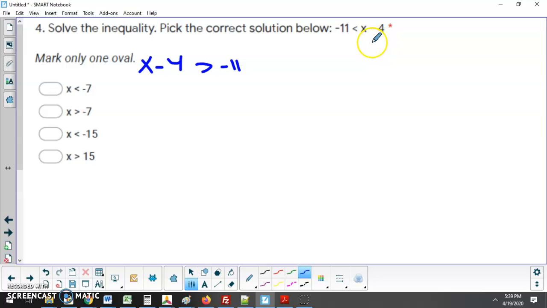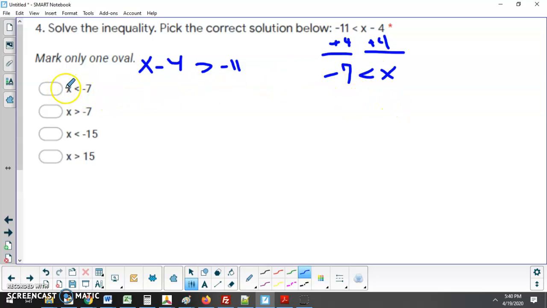Or what you could do is just go ahead and solve it how it is. You want to undo -4 by adding 4. -11 plus 4 is equal to negative. You have more negative, so your answer is negative. And then the signs are different, so you're subtracting. So it's -7 is less than x. Now, don't pick this answer right here, because this is saying x is less than -7. These two things are not the same.